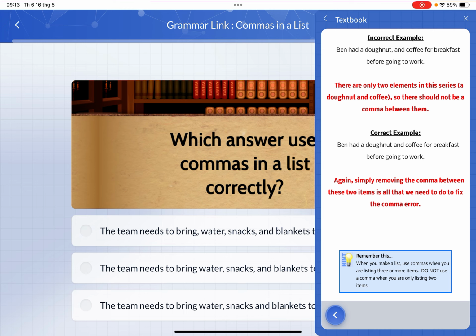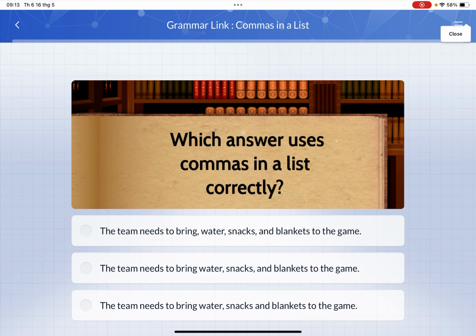You just need to remember and understand the concept: we only put commas in a list of three or more items, and we do not put a comma after the last item in a series of things. Also, do not use a comma when you are only using two items.